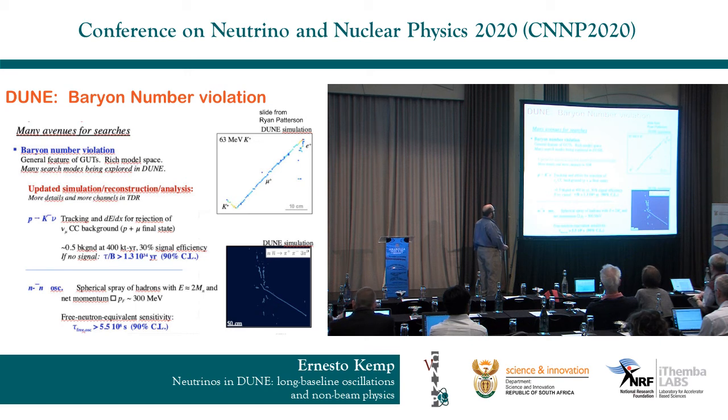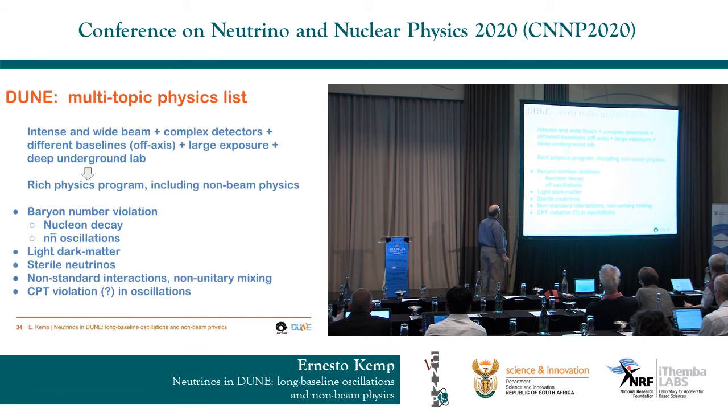And so the equivalent sensitivity is around 5.5 times 10 to the 8 seconds at 90% confidence level. So we can see that DUNE has a multi-topic physics list apart from the oscillation program due to these features of the detector. And then we can study baryon number violation.